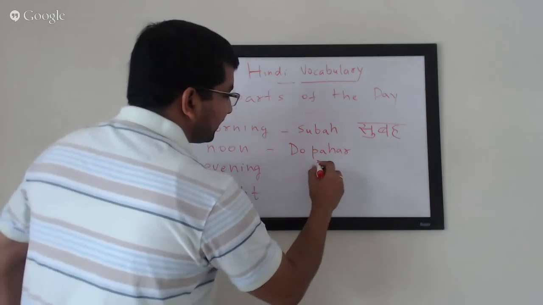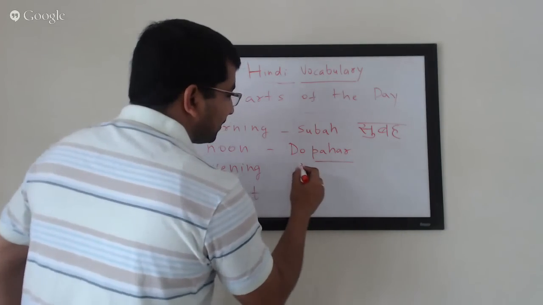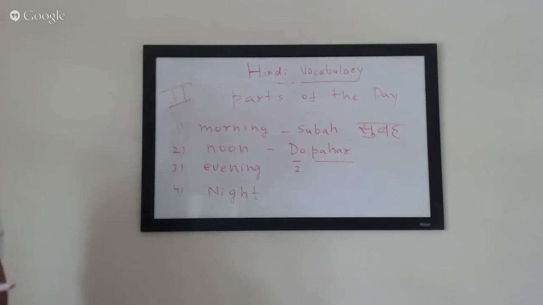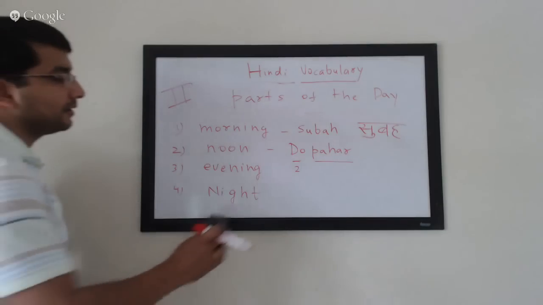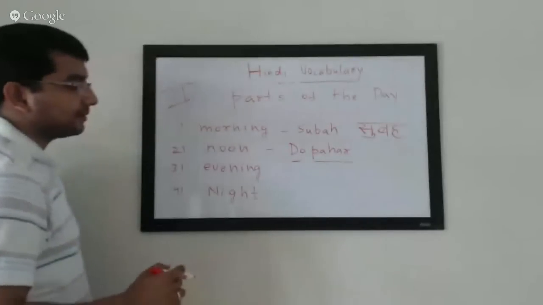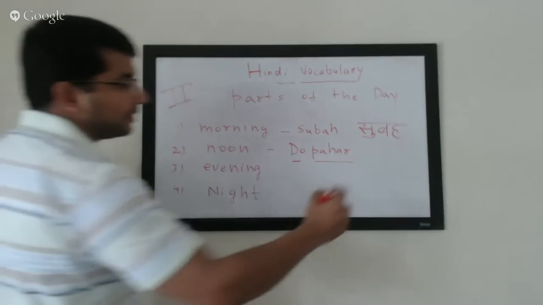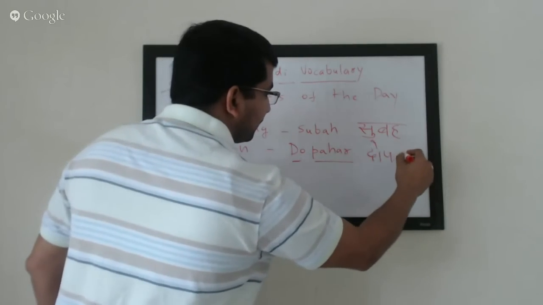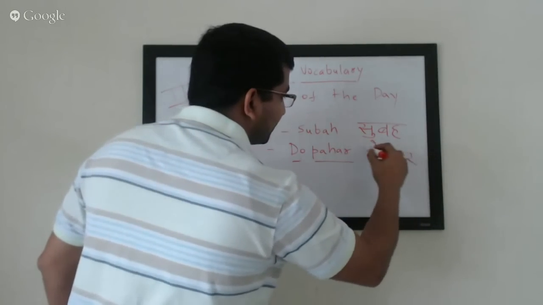As you can see, it has a keyword called pahar, and do is nothing but number two. So perhaps this is the second pahar of the day. That's why they're using it as dopahar, right? And the way you write it is you write do, dopahar.